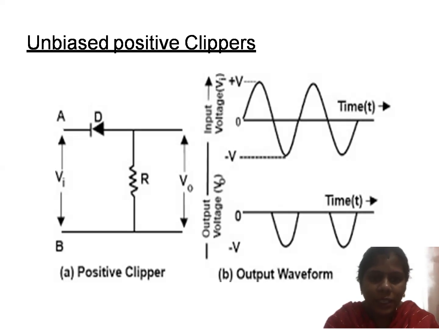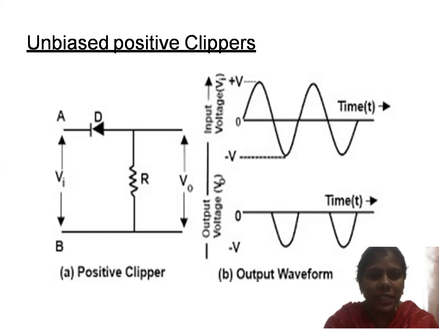So the name justifies it: positive clipper. It means the positive portion of the signal is clipped and the remaining negative cycle is considered. This is possible when the diode is connected from cathode to anode.